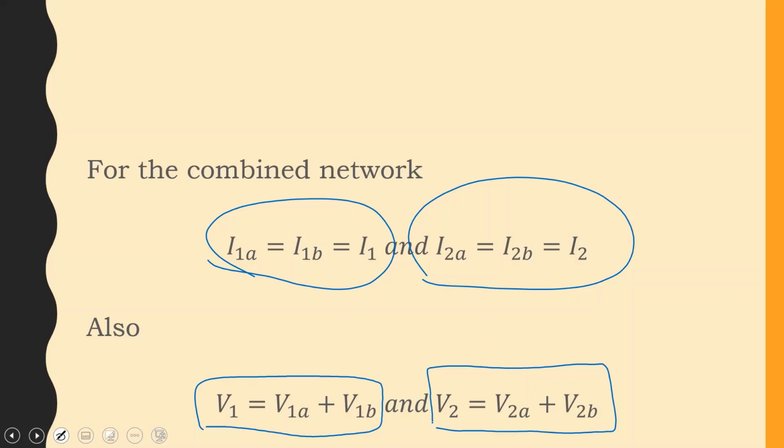So wherever we have I1A or I1B, we will just substitute I1. Similarly, for I2A and I2B, we'll substitute I2. And then, of course, based on what we have here, in terms of the voltages, we will add the two equations.